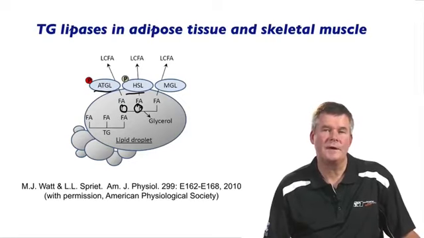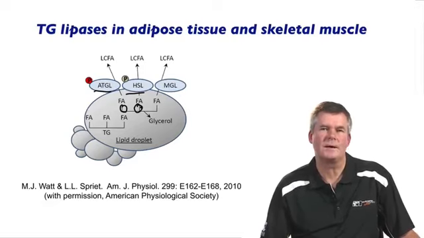Both enzymes are activated in adipose tissue and in the muscle during exercise to break down the triglycerides, mobilize the fatty acids, and make them available for either transport in the blood, in the case of adipose tissue, or transport in the cytosol of the muscle across to the mitochondria.